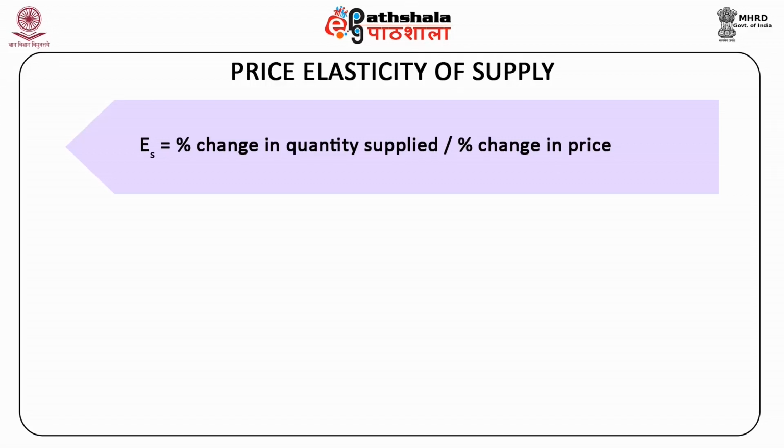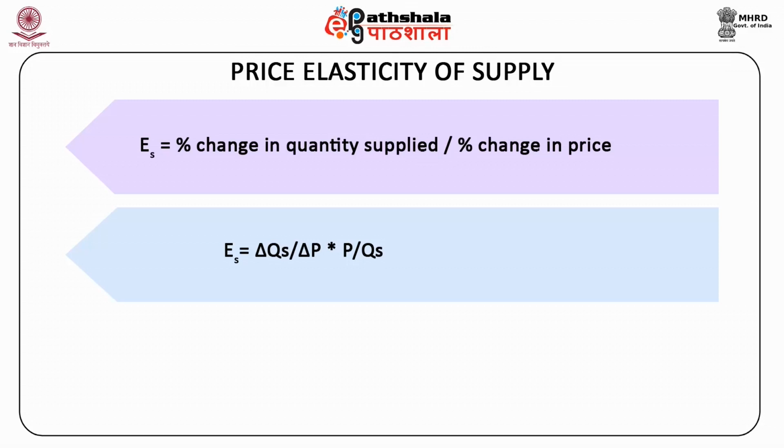The above equation can be written as ES is equal to (change in QS by QS into 100) divided by (change in P by P into 100), which is equal to change in QS by QS divided by change in P by P. Thus, ES is equal to change in QS by change in P into P by QS.